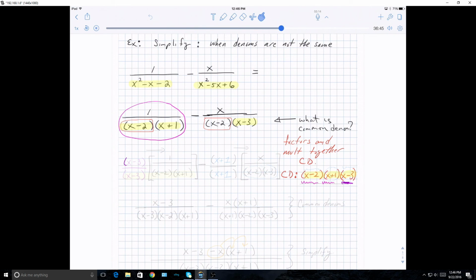So if we multiply numerator and denominator of this first term by x minus 3, then we can see in the denominator that now we have our common denominator.